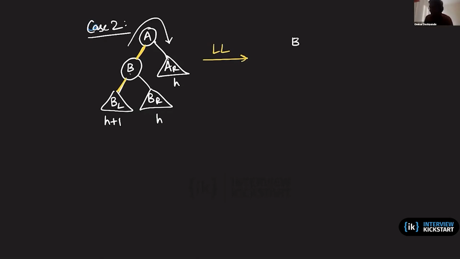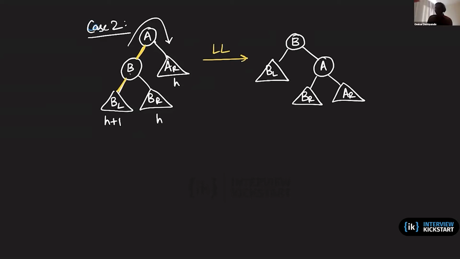So B rises up. A becomes its right child. A's right child continues to be AR. B's left child continues to be B sub L. But B's right child now has to go in the right subtree of B. It's going to go immediately here, so that in Inorder Traversal it will be caught first.